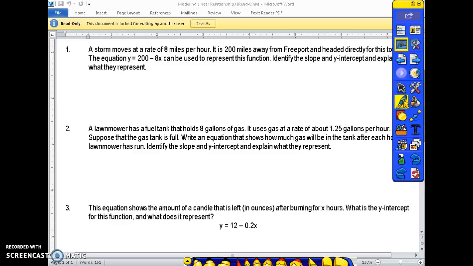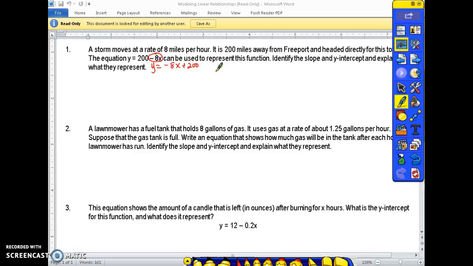I'm going to rewrite the equation as y equals negative 8x plus 200 because we know that slope-intercept form is y equals mx plus b.